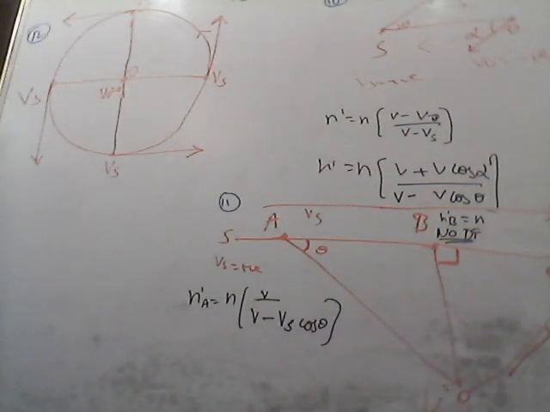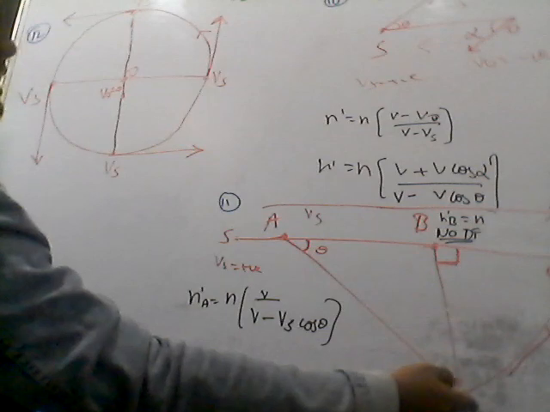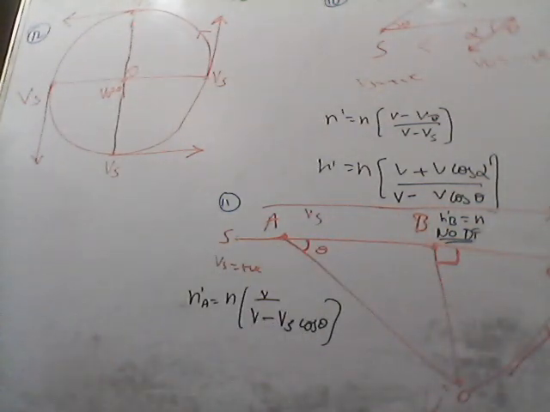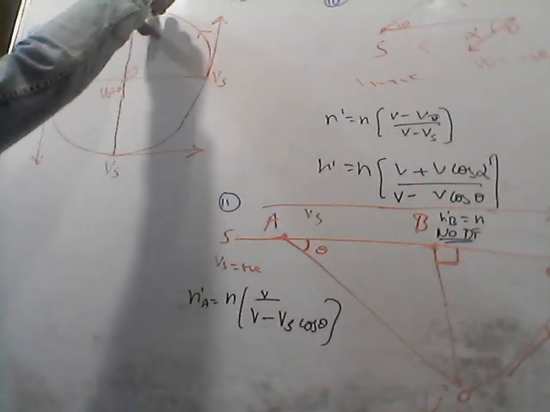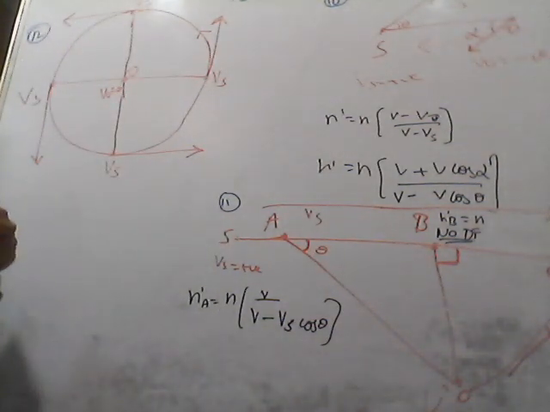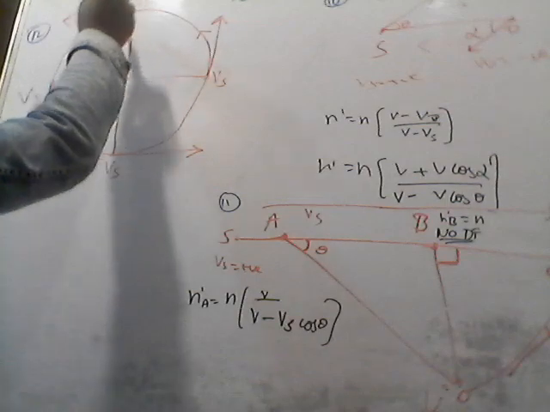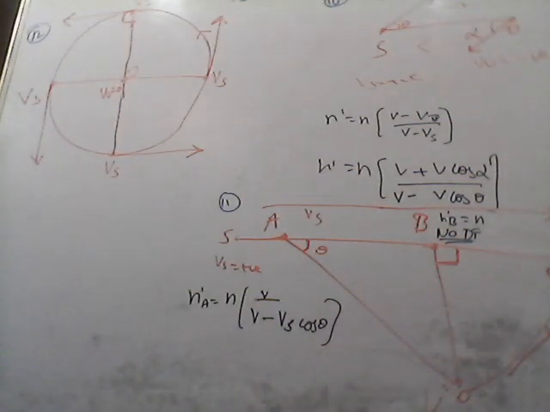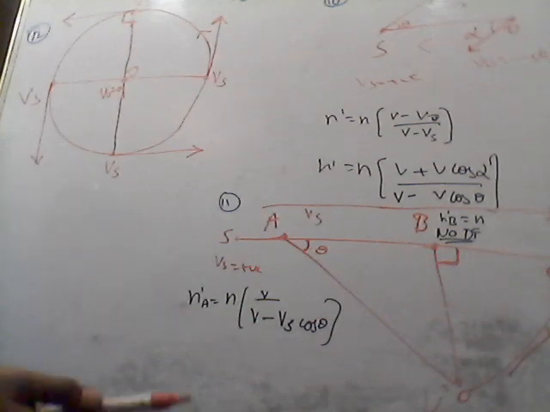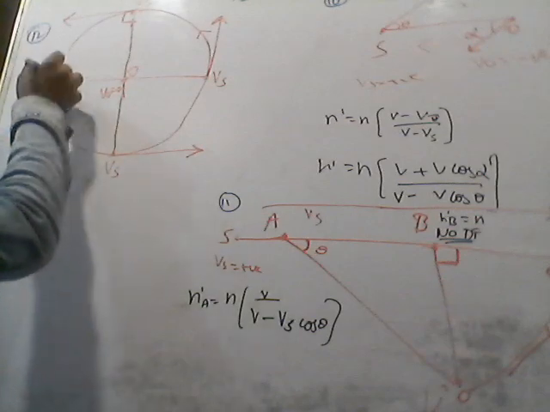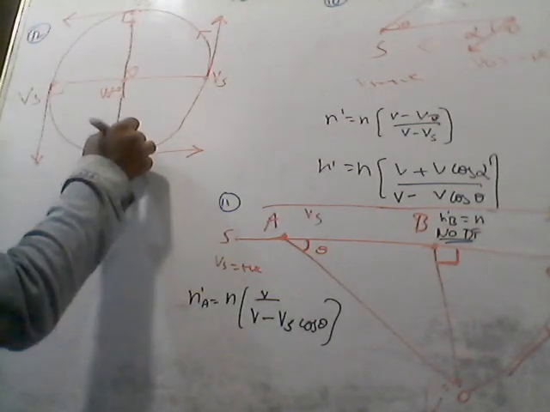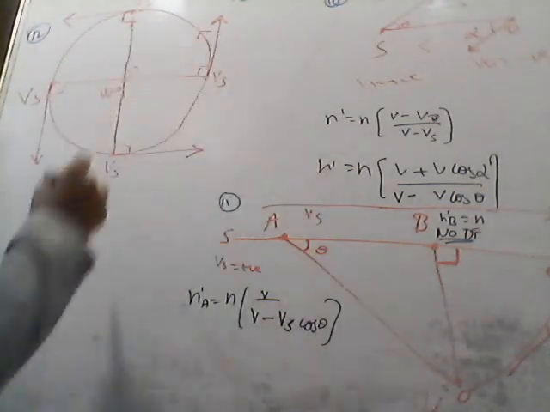How? Look, the observer is here, and B is exactly on the face of the observer. Here also the observer is here. Can I say the angle between the tangent drawn at a point on the circle and the radius is 90? So even this is 90, even this is 90, even this is 90.